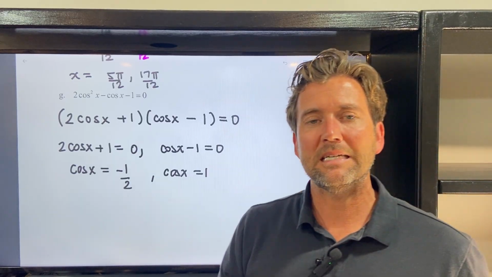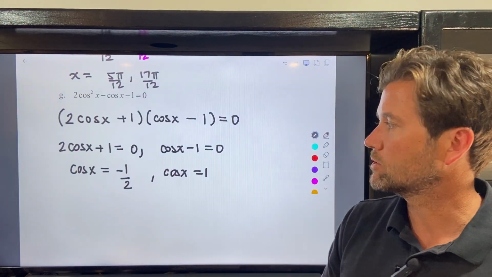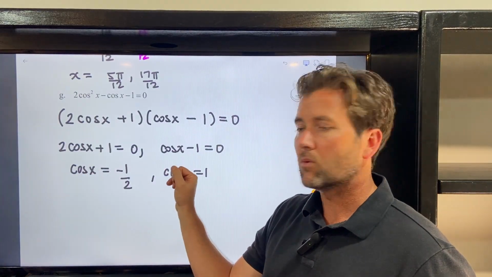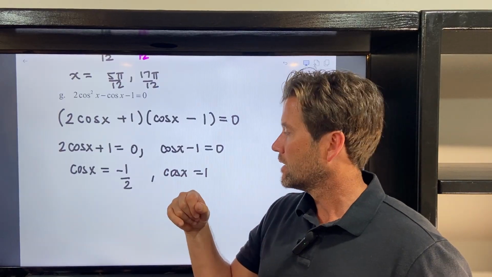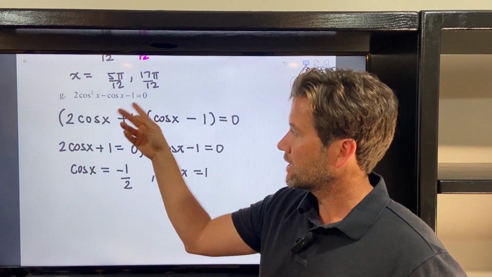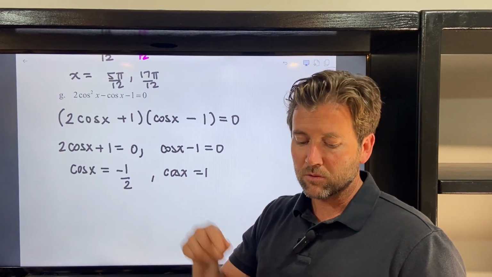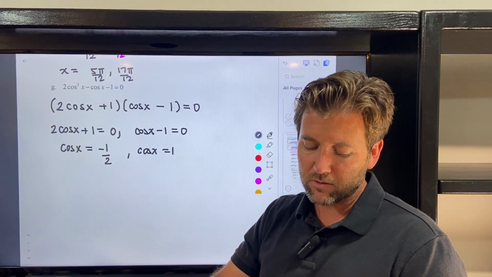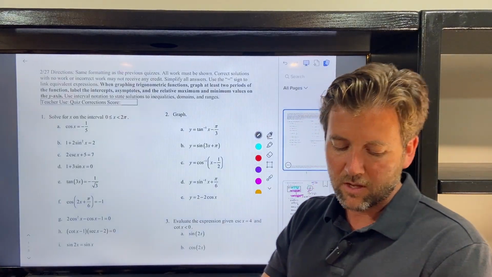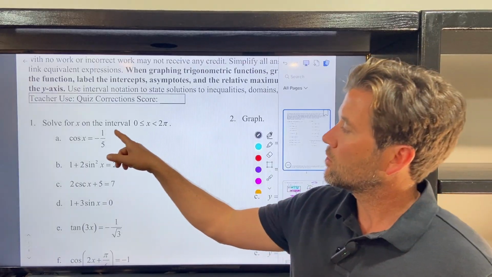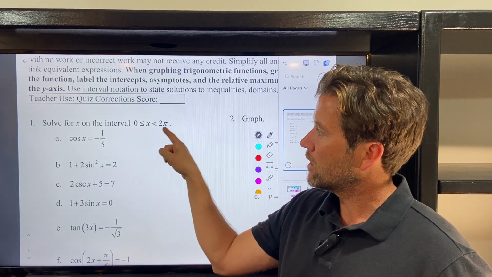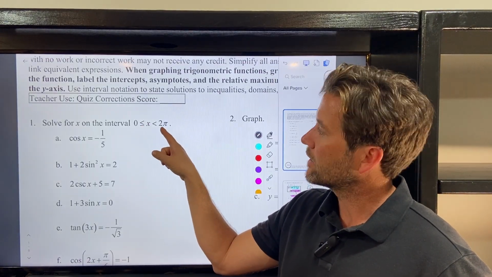I'm not going to need a general formula to find all my solutions because this is a 1x and a 1x. I don't need the general formula. And I want all the solutions between or including 0 to 2 pi. In case you just started watching the video now, you fast forwarded to this, that's what the directions say. Solve in an interval from 0, including 0, up to, but not including 2 pi. There's no equal to there.